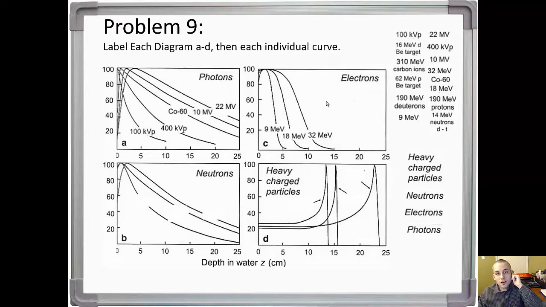You can take the maximum MeV for the electron, divided by 2, and you can get an approximation of the depth. In this case, 9 MeV was approximately 5 cm. Should have guessed higher than 25 MeV. So 32 MeV is approximately 15 cm. So that's a good method of approximation.